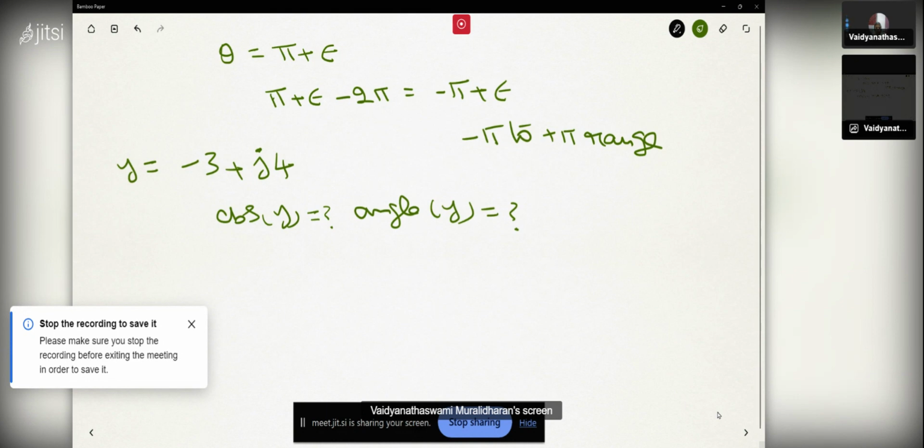And again you convert into rectangular form. For example, 2 multiplied by e power j pi by 4.